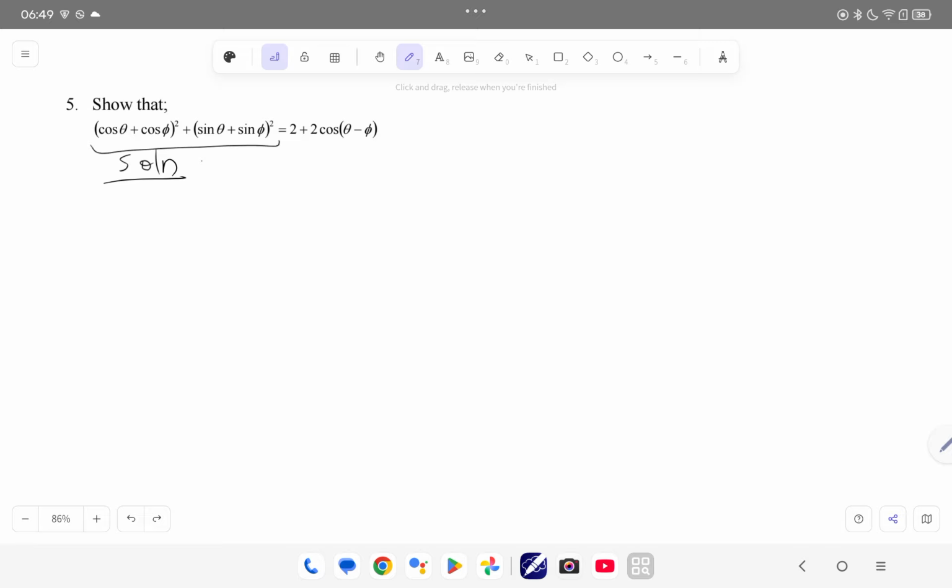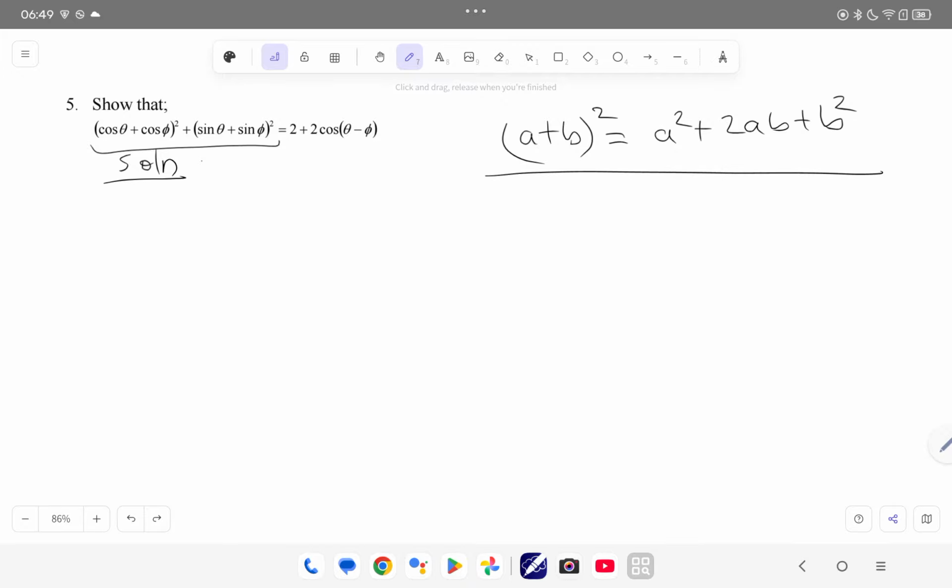The first one, I will borrow from this that a plus b squared is equal to a squared plus 2ab plus b squared. So I shall square the first term. Now my a is cos theta, so you will have on the left hand side cos squared theta.